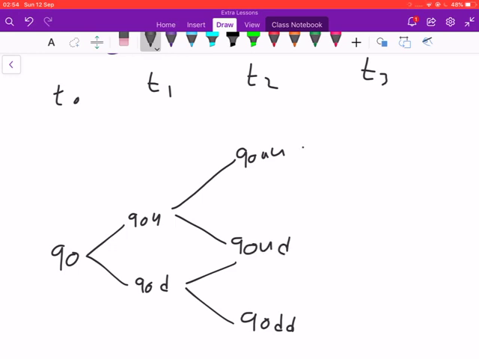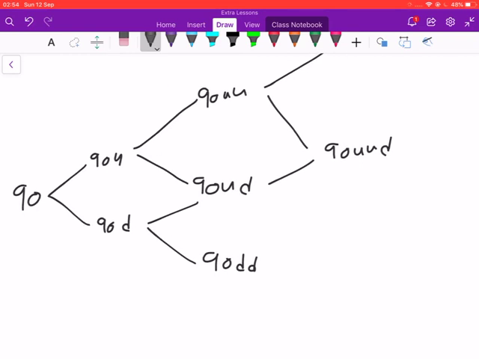And in the third period, you will have 90 UUU, then 90 UUD, then 90 UDD, and then 90 DDD. And these values are going to be as follows.